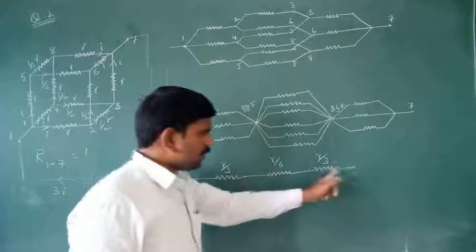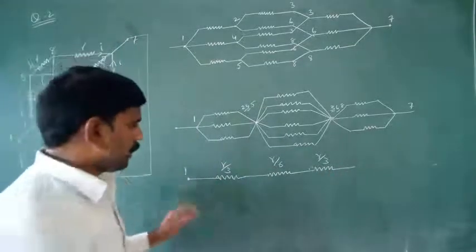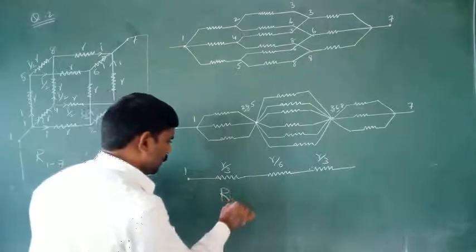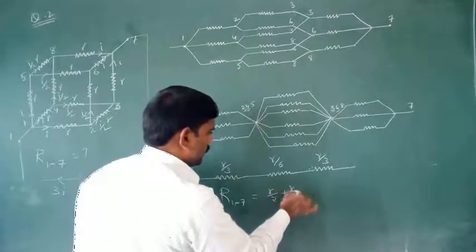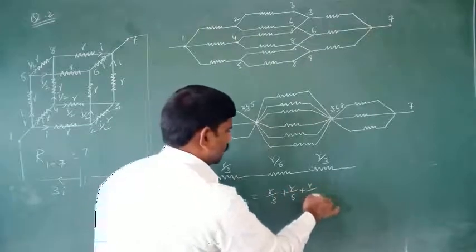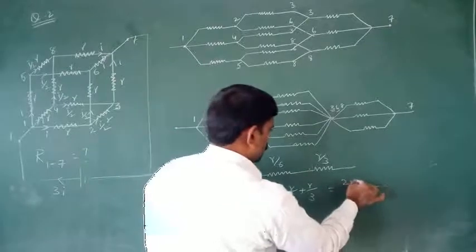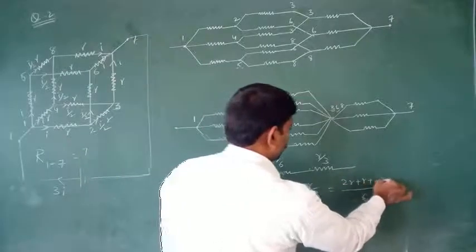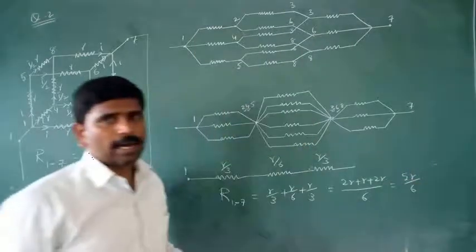Right now all these 3 groups are connected in series combination. Therefore effective resistance across 1 and 7 is equal to R by 3 plus R by 6 plus R by 3. LCM is equal to 6. This is 2R plus R plus 2R. Therefore effective resistance is equal to 5R by 6.